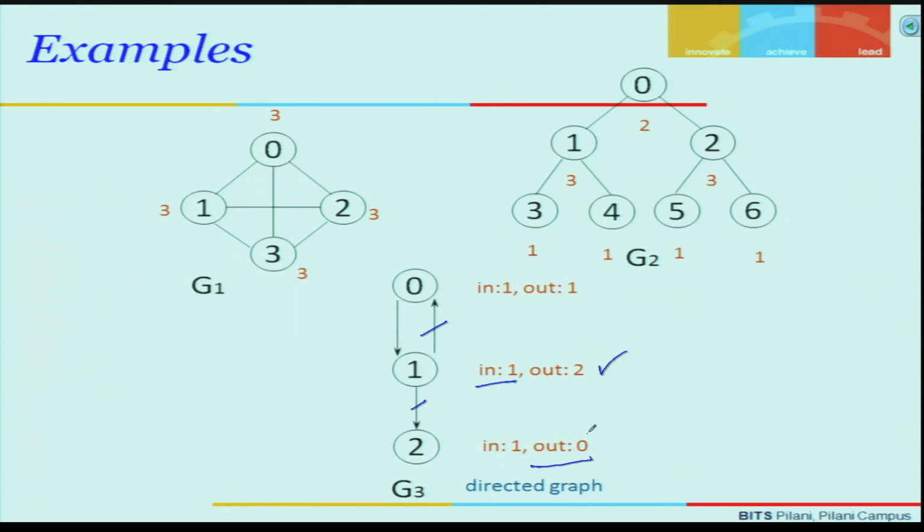So, for example, if you have a directed graph like this and a vertex like this which is isolated from the main graph, then for this vertex its degree is 0.